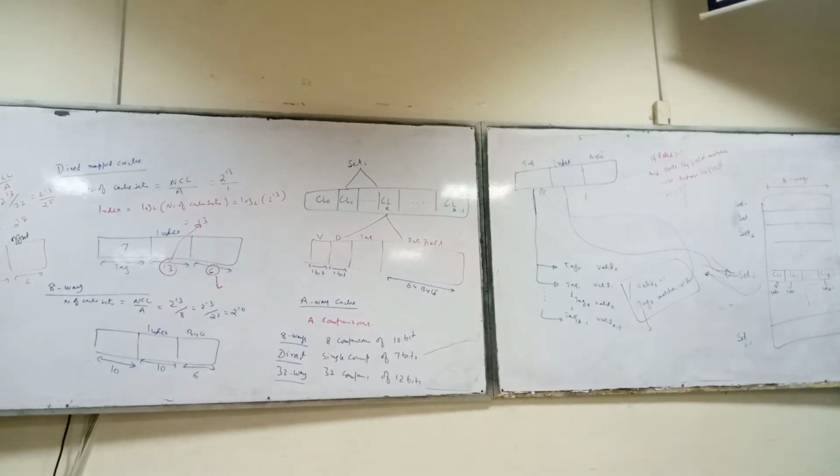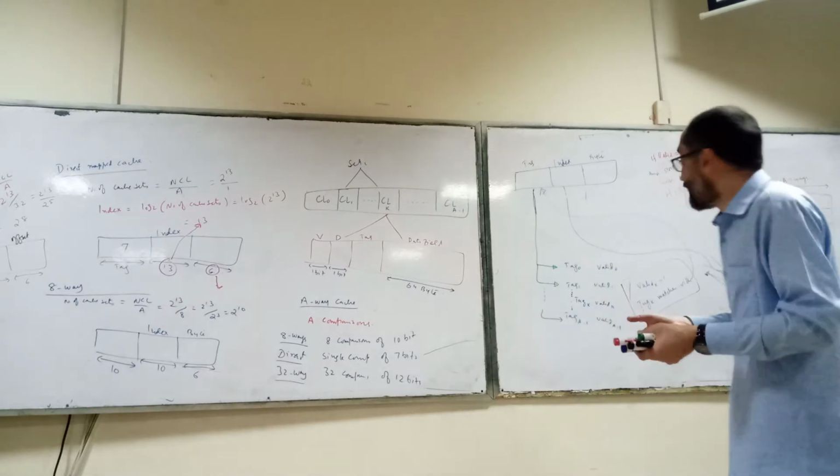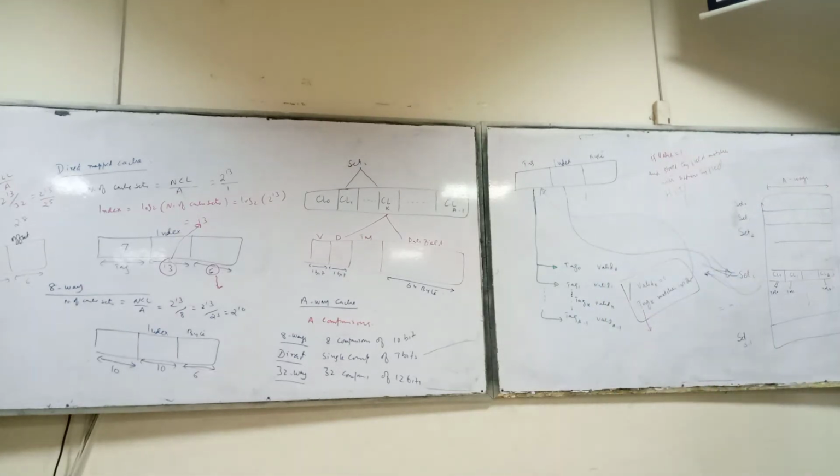When there is a hit, what should we do now? Let's do some read operation. We will read from the cache. Which field of the cache line should we read? The data field. So now there is a cache line K. For a cache line K, how many bits are there?